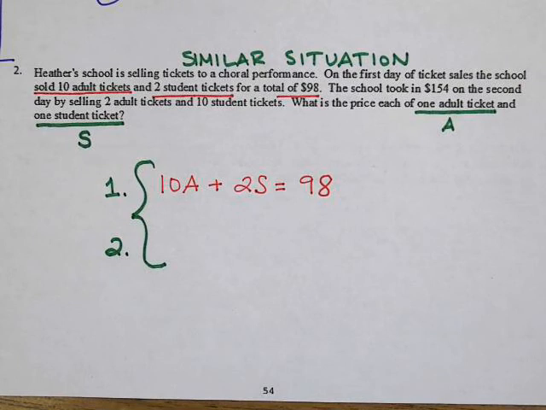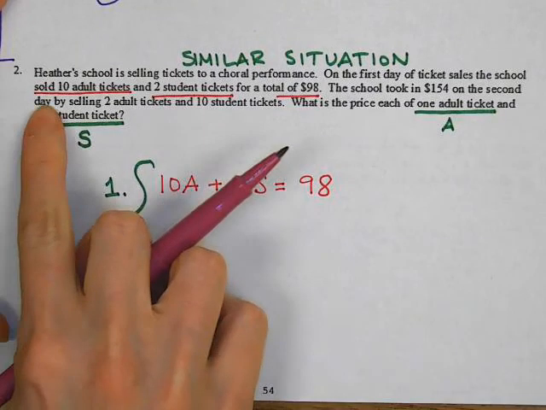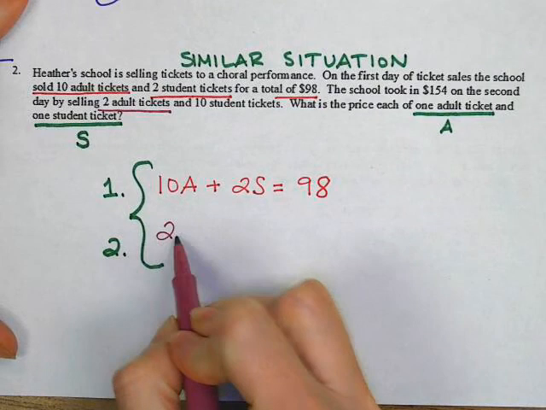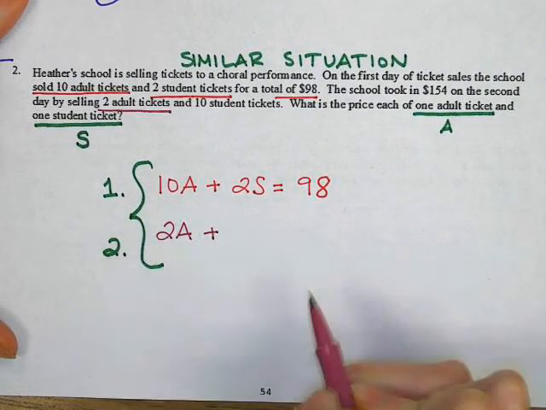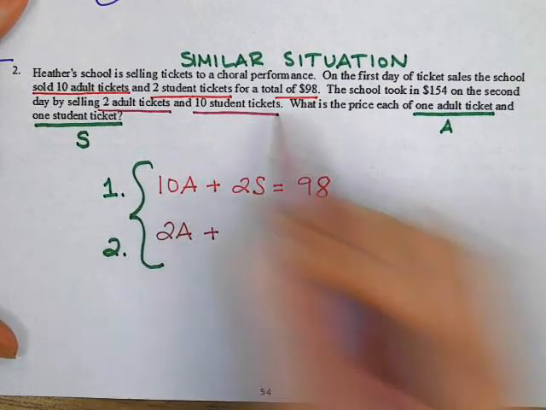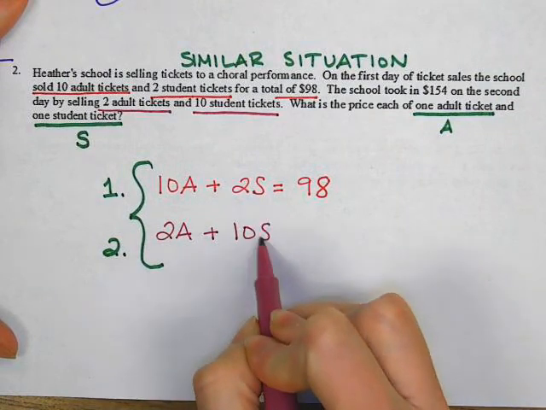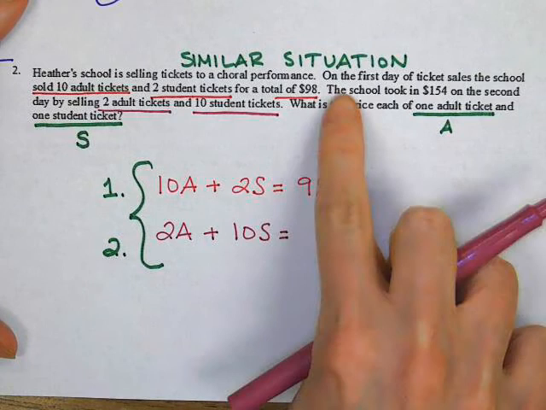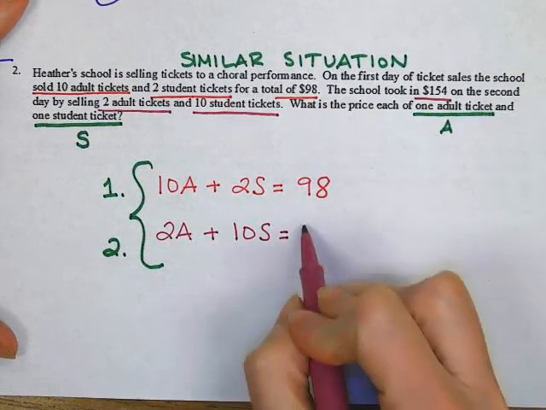And then there's going to be a similar situation for day 2. So on the second day, we sold 2 adult tickets, so 2A, plus 10 student tickets, so 10S. And then what's the total for day 2? That was $154.